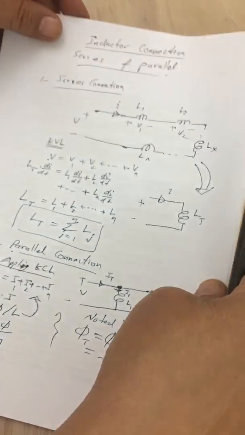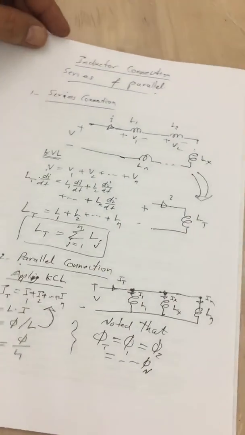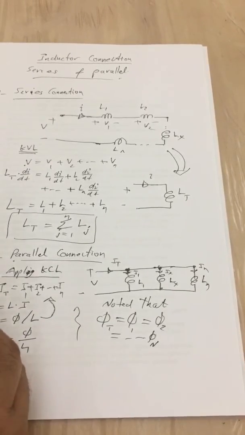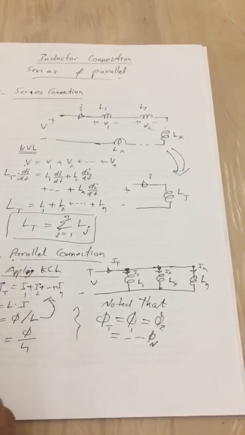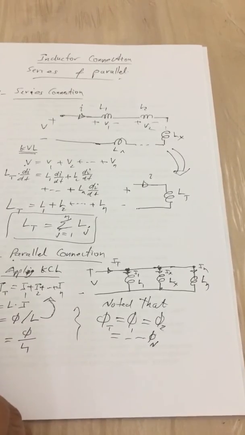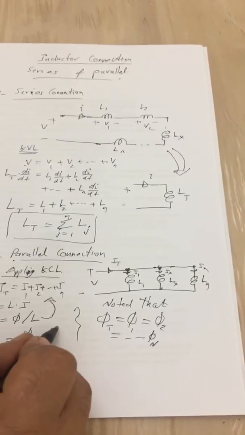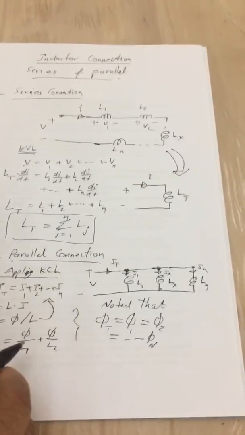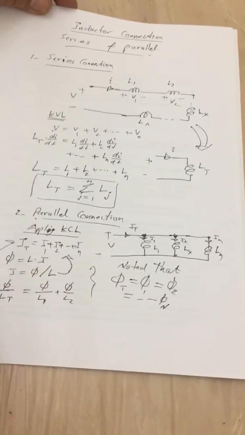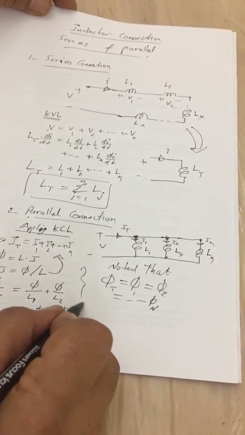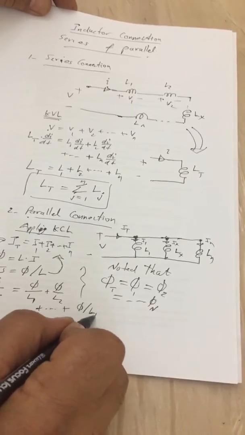Very good. So if we apply this to this equation here, we get flux over L total equal flux over L1 plus flux over L2, plus flux over Ln.